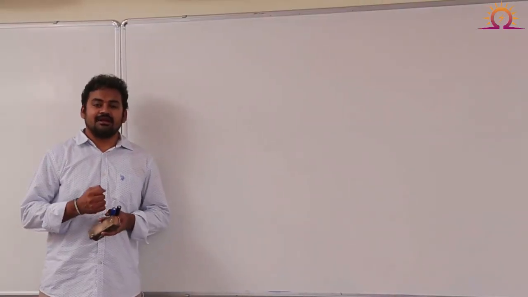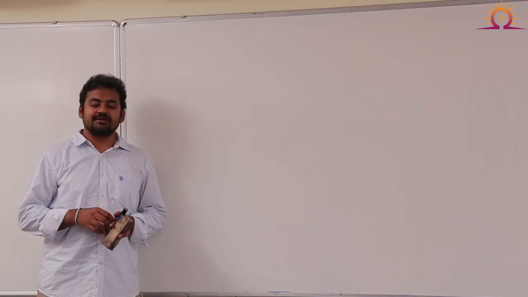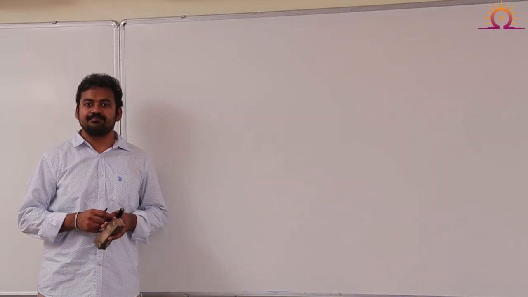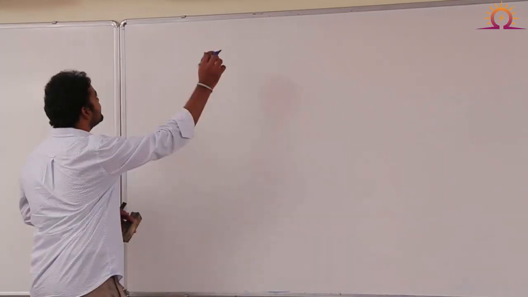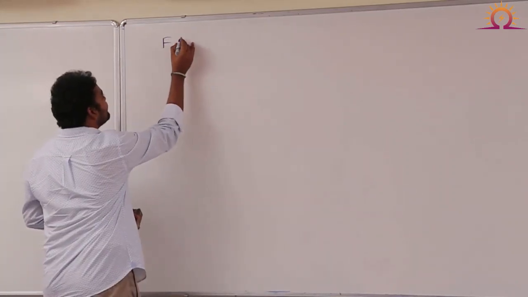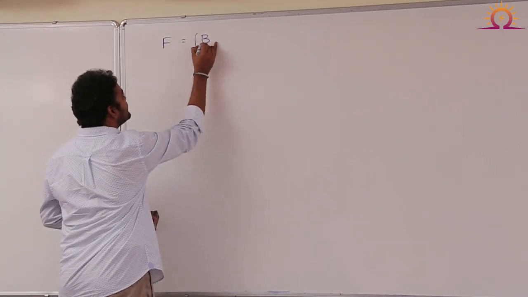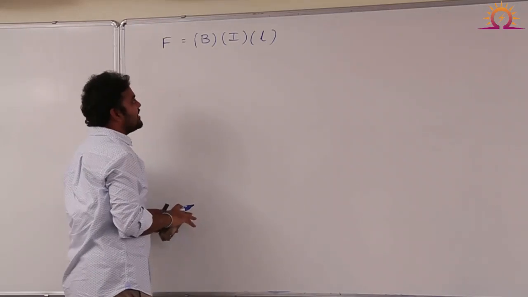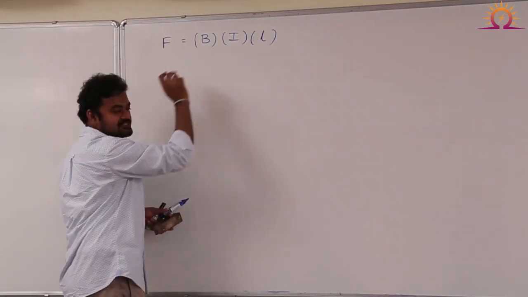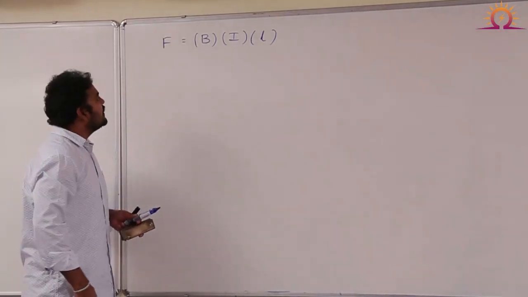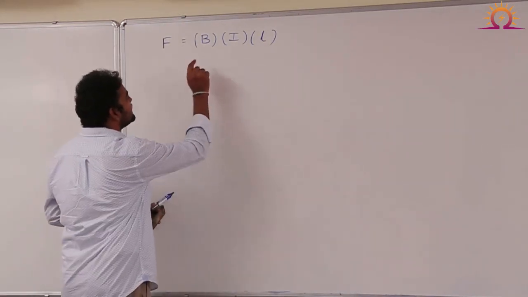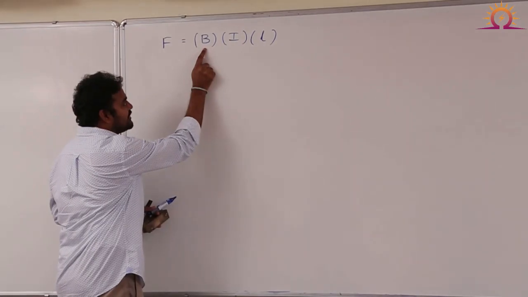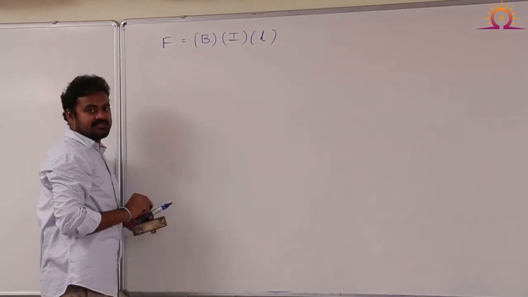Now, let us see how to calculate the magnitude of the force experienced by a current carrying conductor. According to the Lorentz force equation, the magnitude of the force is equal to flux density into current into length of the conductor. I am assuming the angle between these two is 90 degrees. To calculate the magnitude of force, first we have to calculate the magnitude of flux density.